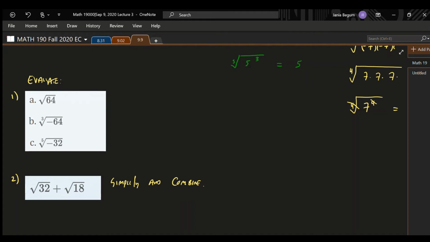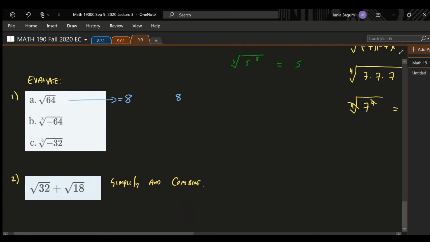Alright, let's go ahead and start. Can someone tell me the answer for A? Nice. So that's 8. Now you can check your answer. Because it's a square root, 8 times 8 should give us 64. Check.